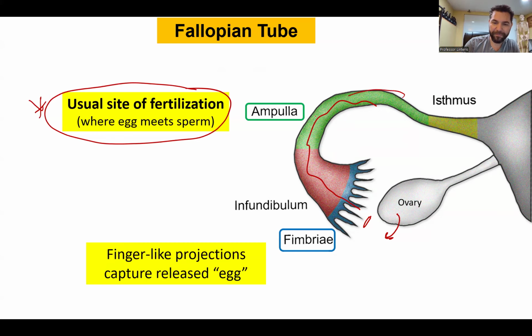There's the ampulla, which is the middle section. And then you have these fimbriae, which are finger-like projections that help capture the ovulated oocyte that is coming out of here. And then that oocyte moves down. If unfertilized, it will enter the uterus and be expelled via menses that we just discussed.